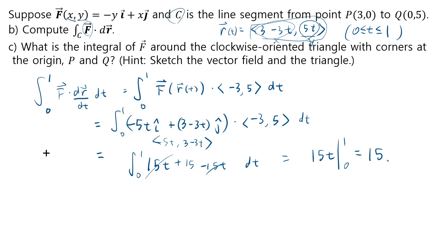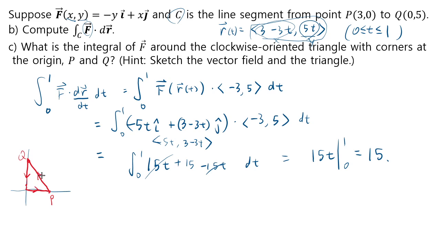Okay, now let's think about what part C is saying. Now we still have Q and P as before, but we think of the path, which is this triangular path.